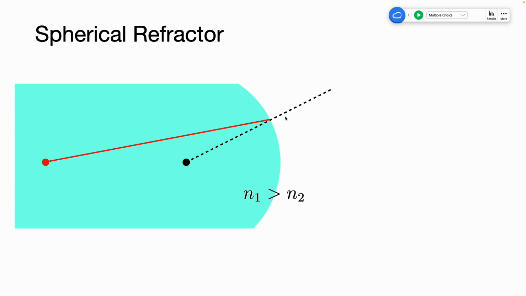So if you draw the radius and extend the radius, this dotted line will be normal or perpendicular to the interface that the light passes through. Now, when you go from slow to fast, it will go away from the dotted line. So the light ray will be bent downward.